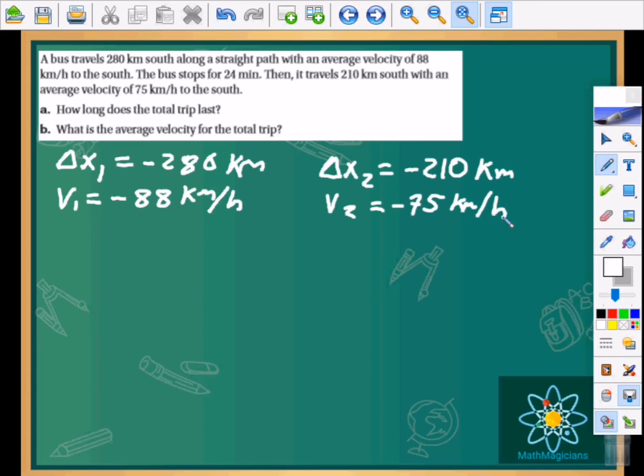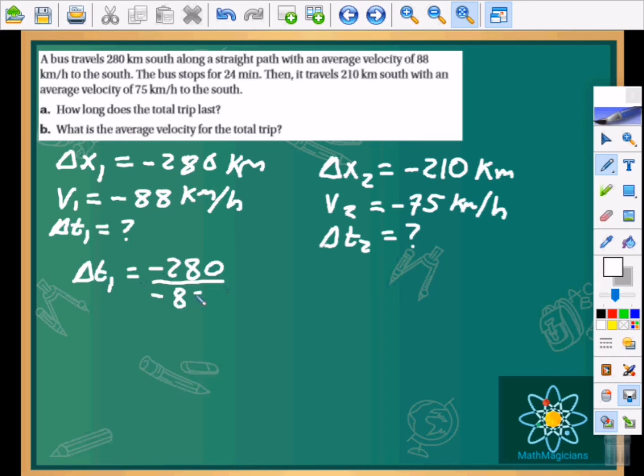We need to find our time 1 and our time 2. We already said that time is equal to delta x over velocity. We just need to substitute. My time 1 is equal to my delta x, negative 280 kilometers, over negative 88 kilometers per hour. Your answer for time 1 is 3.19 hours with 3 significant figures.